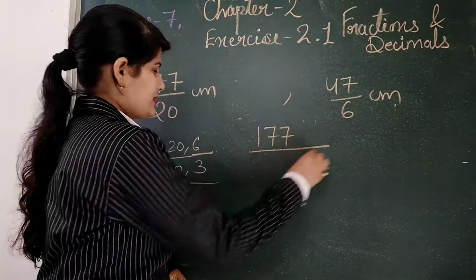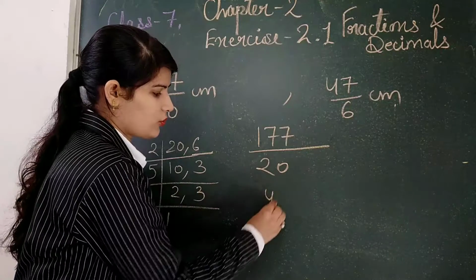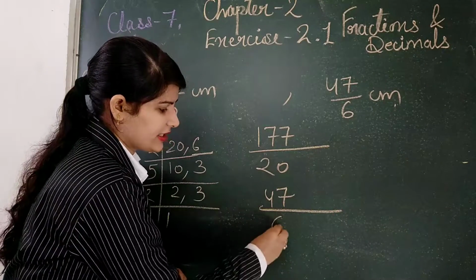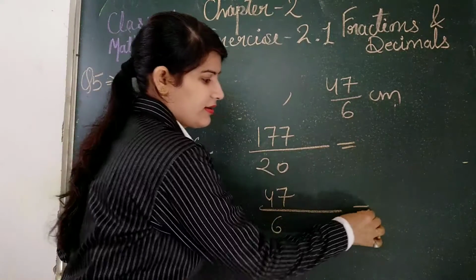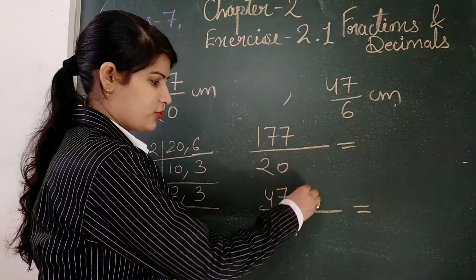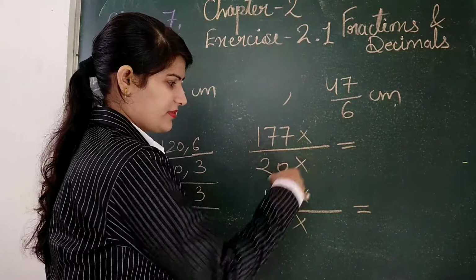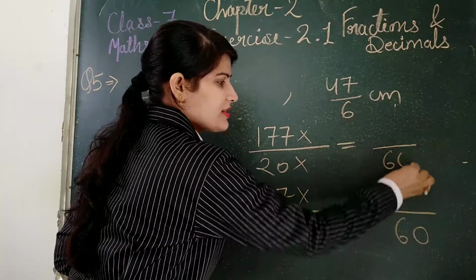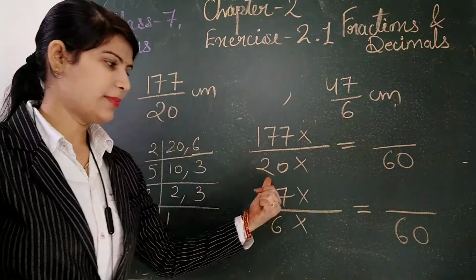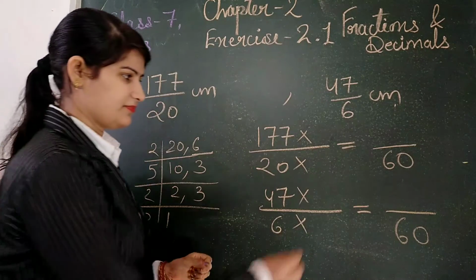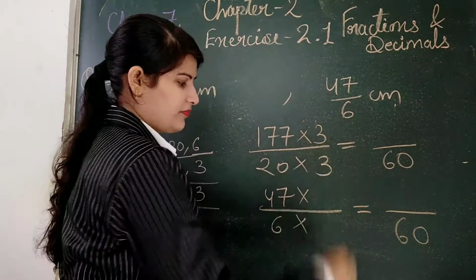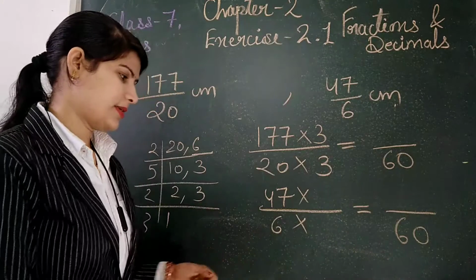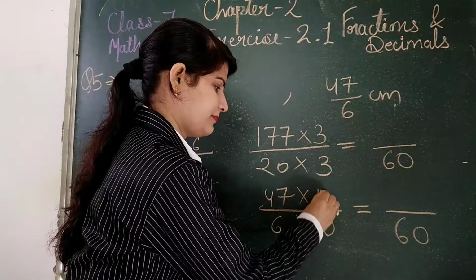Now write like this. Arrangement, you know, arrangement. How can you arrange in descending and ascending order? Like this. Write the question and write multiply. And what is our LCM? 60. So denominator 60. Now 60 divided by 20 you will get 3. Again 60 divided by 6 you will get 10.